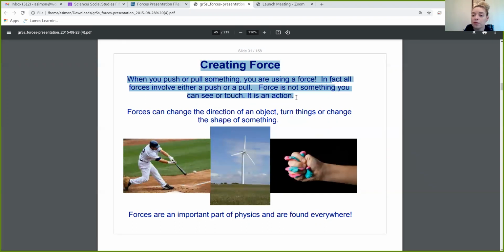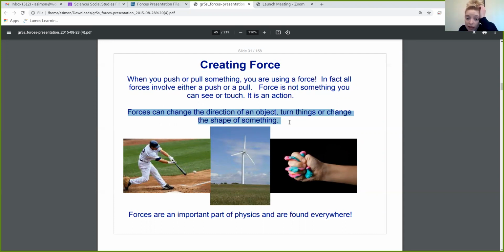So simply put, force is a push or a pull. Forces can change the direction of an object, turn things, or change the shape of something. For example, we see here that this force is changing the direction of the ball.